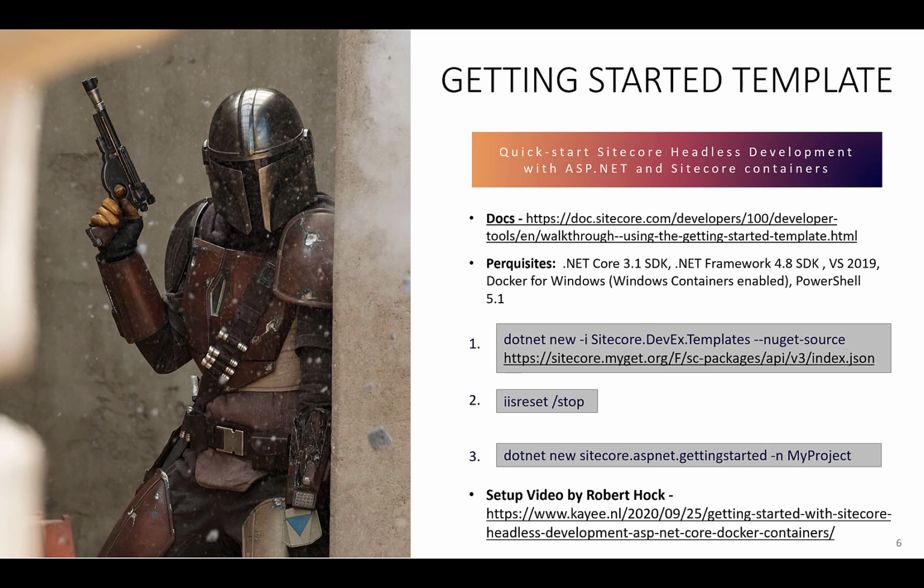You can't run IIS at the same time as the Getting Started template as it uses some of the same ports. Then run the command to create my project solution, and then finally follow the steps to set up the container environment using the init and up PowerShell files that come with the Getting Started template. I've included a link at the bottom there to a setup video by Robert Hock, as it's a really useful video and it will get you up and running quickly, so I'm not going to go into this in any more detail.